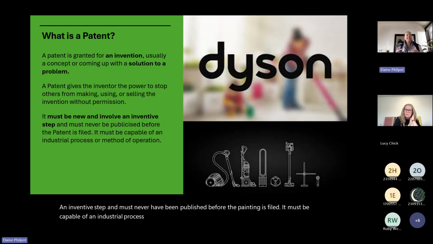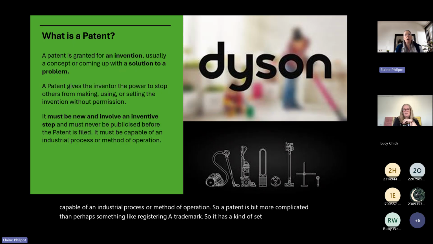So a patent is a bit more complicated than perhaps something like registering a trademark. It has a set of criteria that's required from it. It can be quite a long process. But again, if that's something you think you might need, you could speak to us initially and we can certainly point you in the right direction of how to find out a little bit more about it.